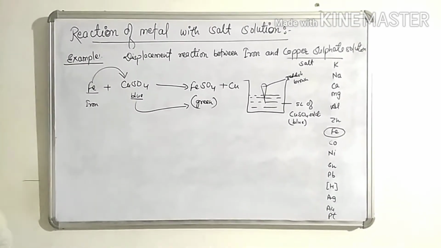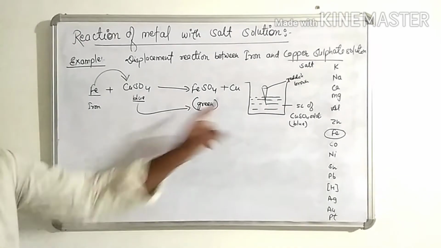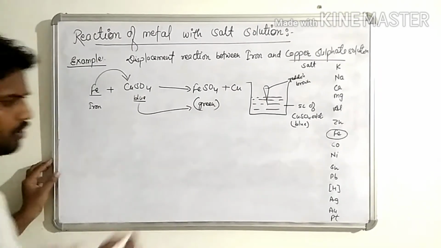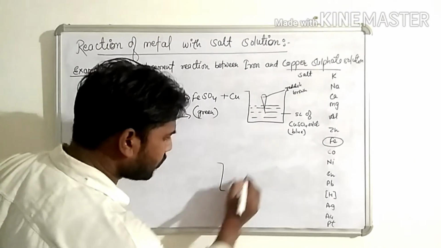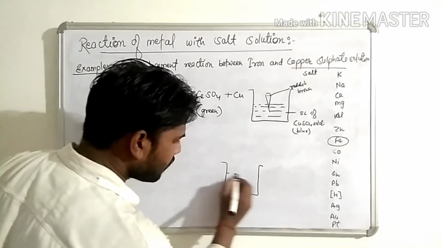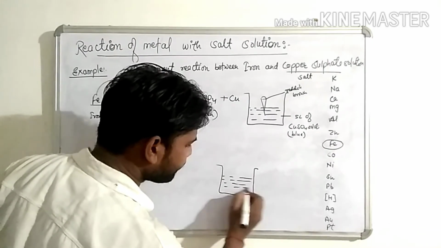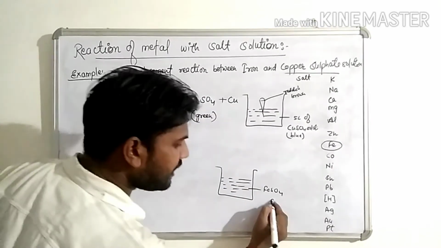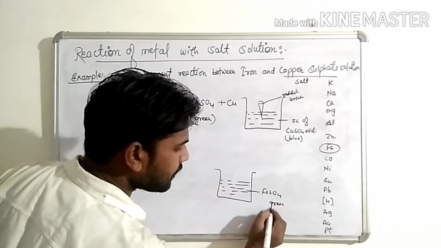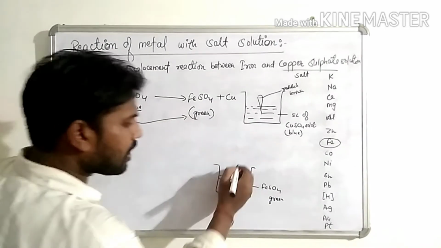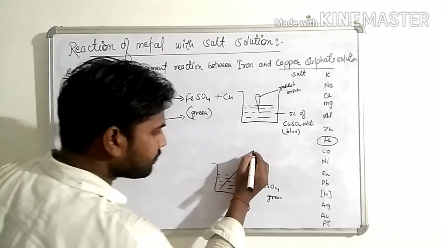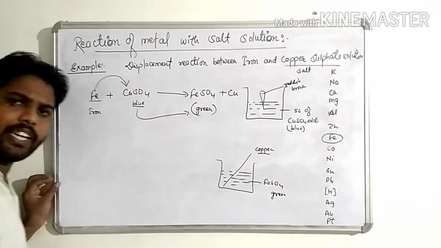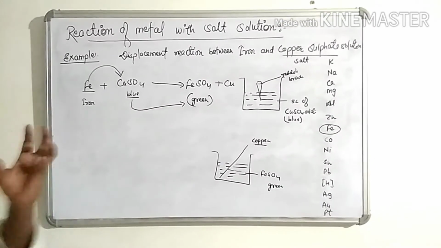Now children, suppose we reverse the position of metal. For example, suppose this is ferrous sulfate solution, FeSO4, which is green in color. If we dip a copper rod in that, will there be any change? This is the question.